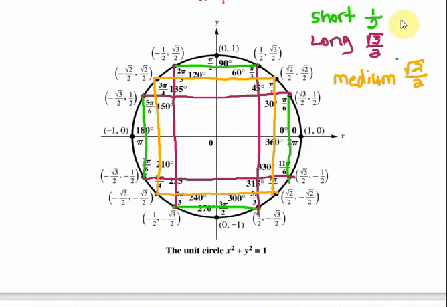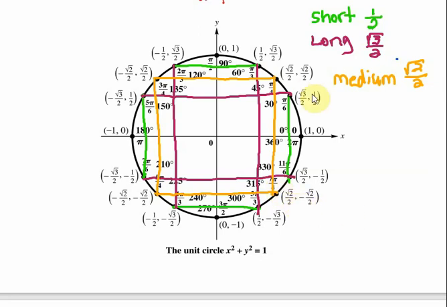All right, so let's find where 7 pi over 4 is. Okay, so if we look on the unit circle, 7 pi over 4 is kind of covered up. It's right here. So remember, all of the angles that have the fourths in it, pi over 4, 3 pi over 4, 5 pi over 4, 7 pi over 4, those are always going to be the square root of 2 over 2's. But 7 pi over 4 is in the fourth quadrant.